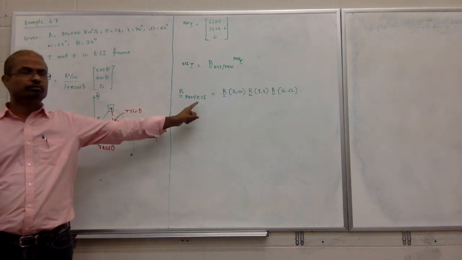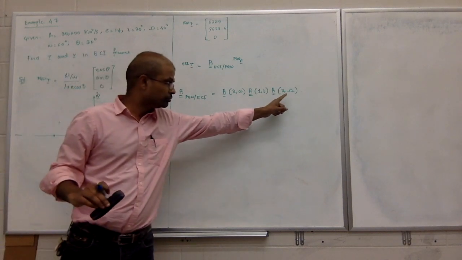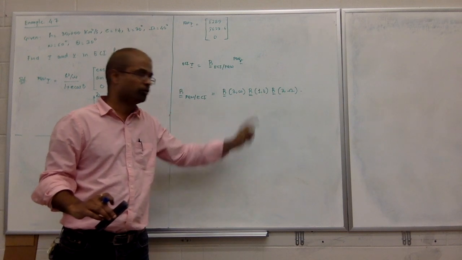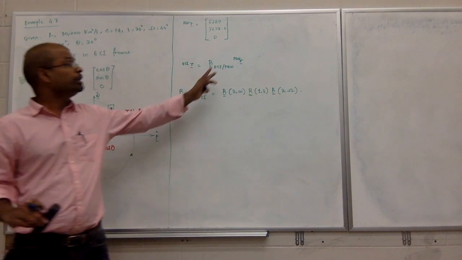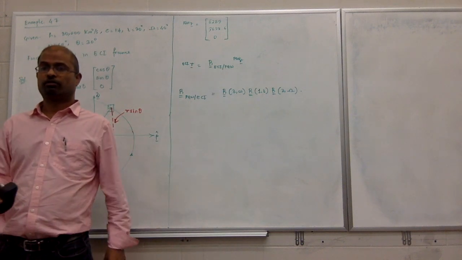To go from ECI to PQW, you do 3 cap omega, 1 I, 3 small omega. What we need is the other way. We're going from PQW to ECI.